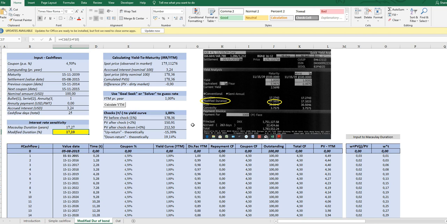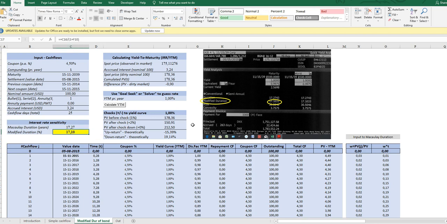So using the formula from the previous sheet, if interest rate goes down by 1%, by the modified duration approximation, the bond should increase by 17.10%. It goes up by 19, so the modified duration underestimates on the upside, which is also good for the investor.